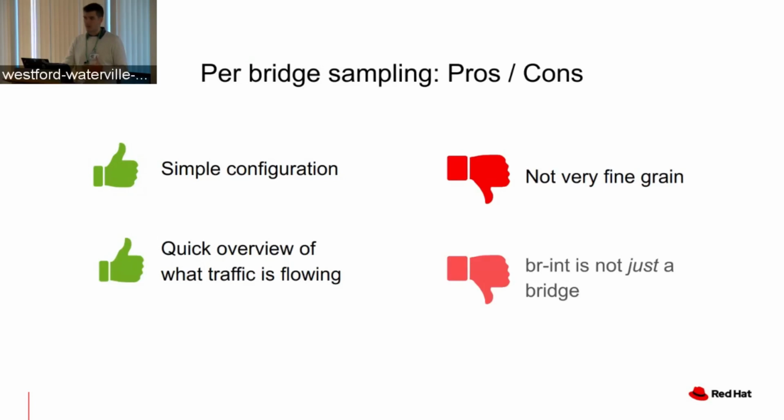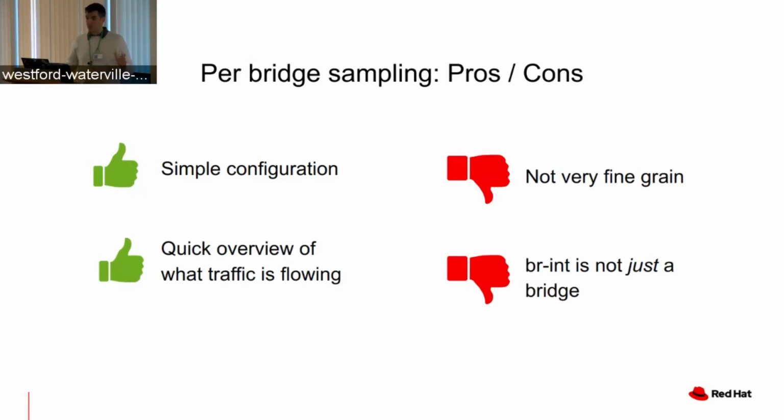But OVN, for instance, is not just a bridge. So this mode is not allowing us to observe and distinguish between all the virtual datapaths that OVN can install. And so we are kind of lacking some granularity here.